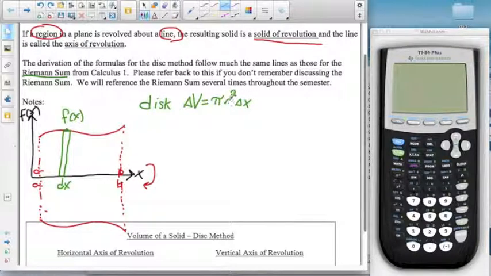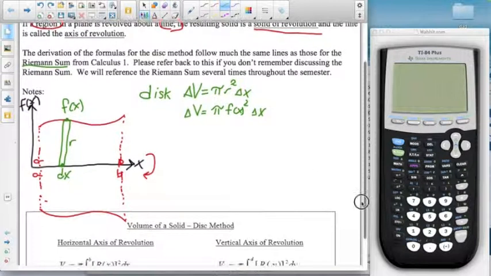And of course, this r here is the radius of that cylinder, which goes from the axis up to the function. So there's our radius. And like we said, that distance is nothing more than the function. So this incremental volume then becomes pi times this function, f of x quantity squared, delta x. And so that gives us that incremental volume for that rectangle.